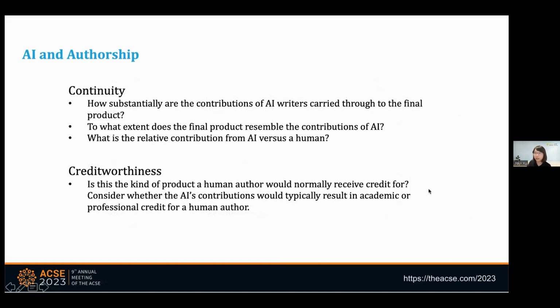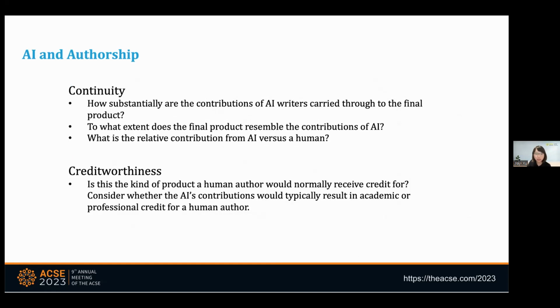As publishers and editors, there are two considerations. The first part is about contribution. There are some questions we need to ask. How substantially are the contributions of AI writers carried through to the product? To what extent does the final product resemble the contributions of AI?